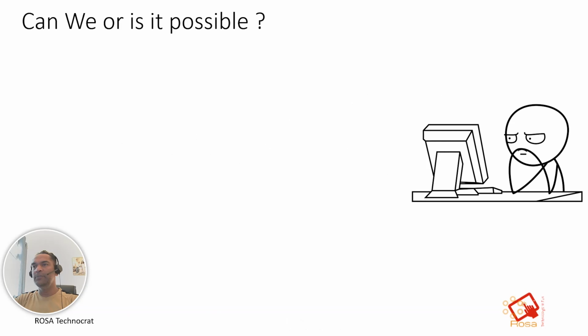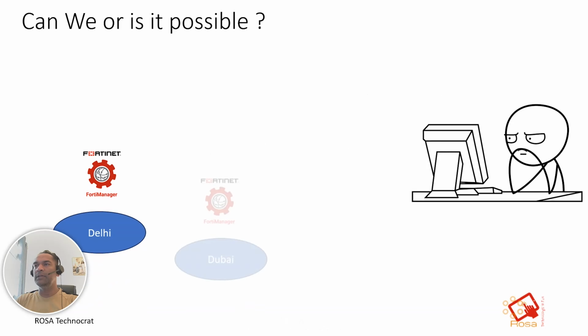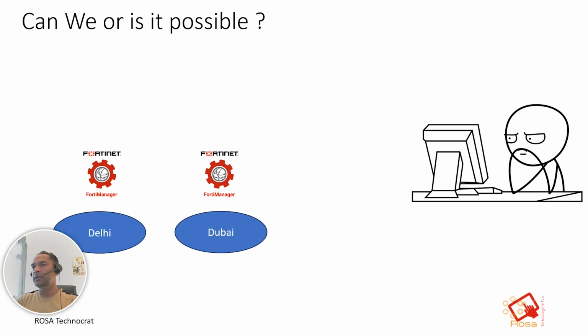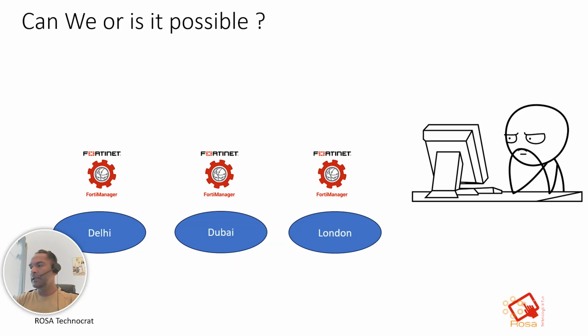Is it possible to have a high availability between different FortiManagers at different locations or between more than one FortiManager? In today's content, we will talk about how high availability is configured or how the failover mechanism can be achieved in a FortiManager. Let's consider we have three FortiManagers, one at each different location.